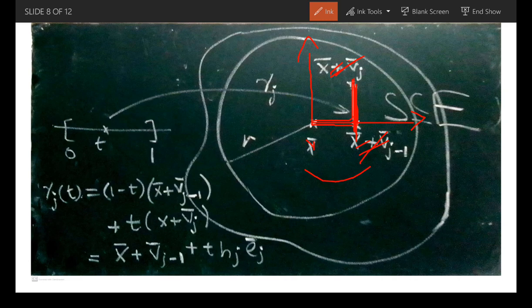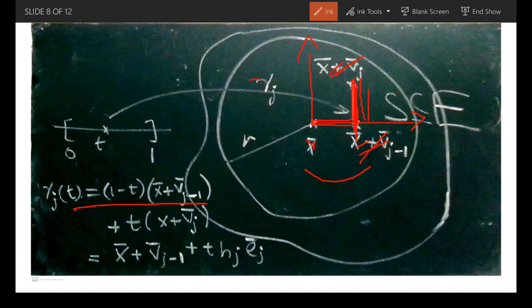Now let me parameterize this line segment joining x plus vj minus 1 and x plus vj. So how do I do that? Parameterization: the line joining the points A and B is 1 minus t into A plus t into B. So use that formula. Gamma j of t is the jth line segment I am parameterizing.